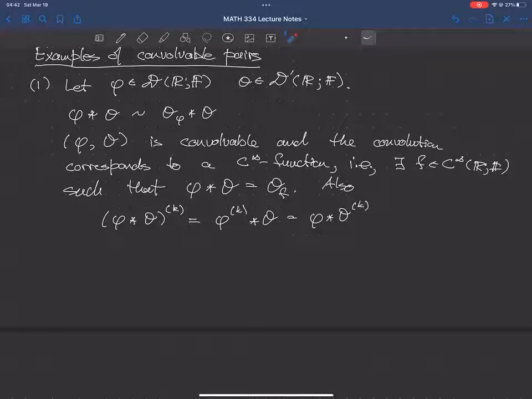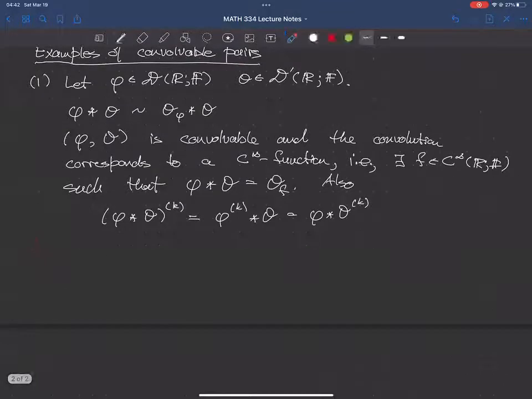Now let's look at another set of convolvable pairs. If rho is a distribution with compact support, we talked about these last time. This was the set of distributions corresponding to the test signals in E, and the test signals here were just infinitely differentiable functions on all of R. And the topology was the topology of uniform convergence of the functions and all of their derivatives on compact subsets.